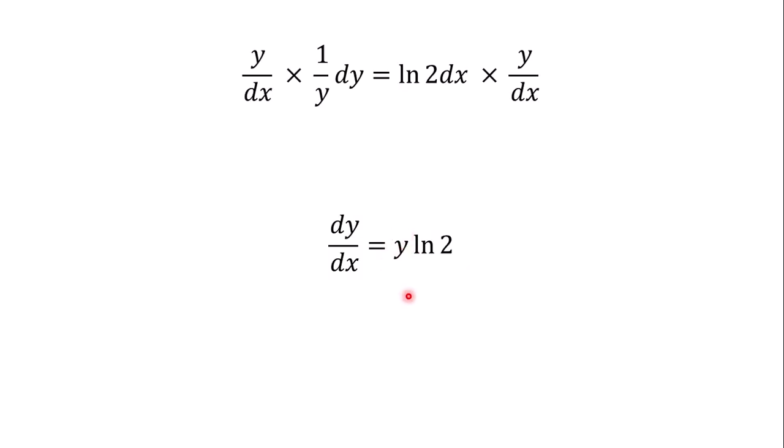Okay, so let's put it there. dy over dx is equal to 2 raised to the power x ln 2.